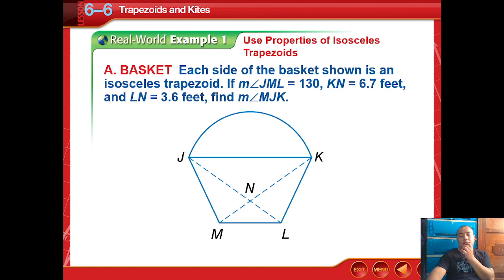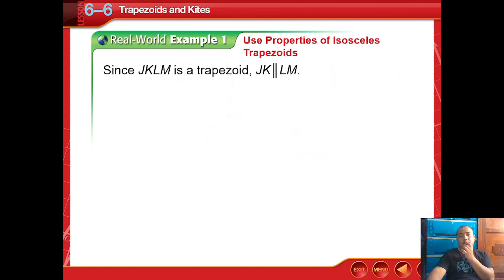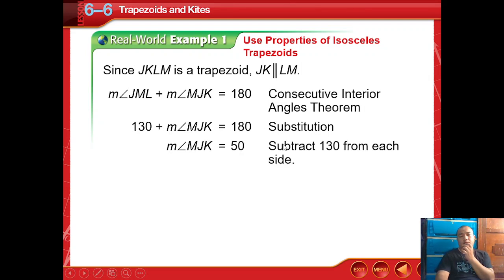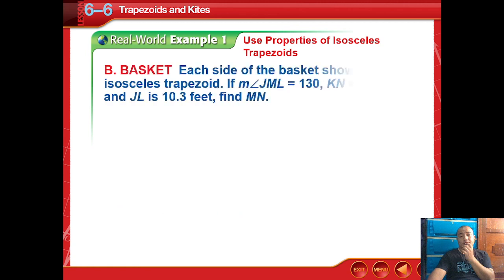The measure of angle JML is 130 degrees, so substitute: 130 plus the measure of angle MJK is 180. Subtract 130 from each side: 180 minus 130 is 50 degrees. Therefore, the measure of angle MJK is 50 degrees.